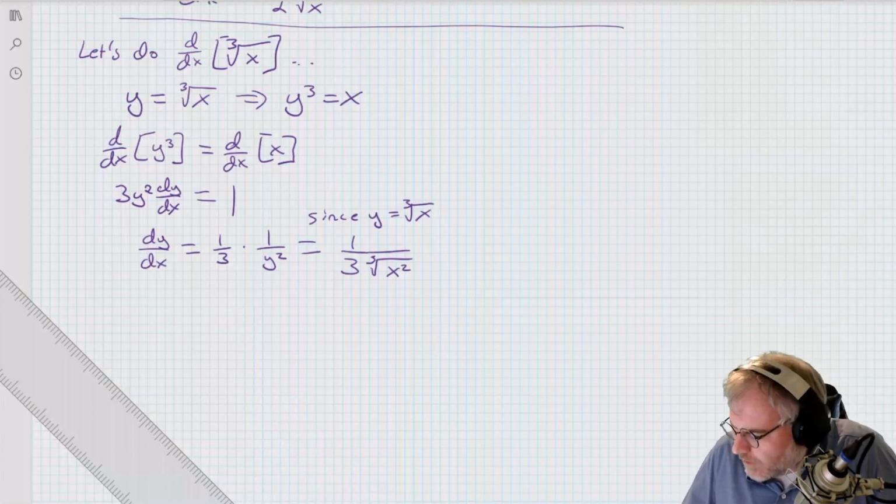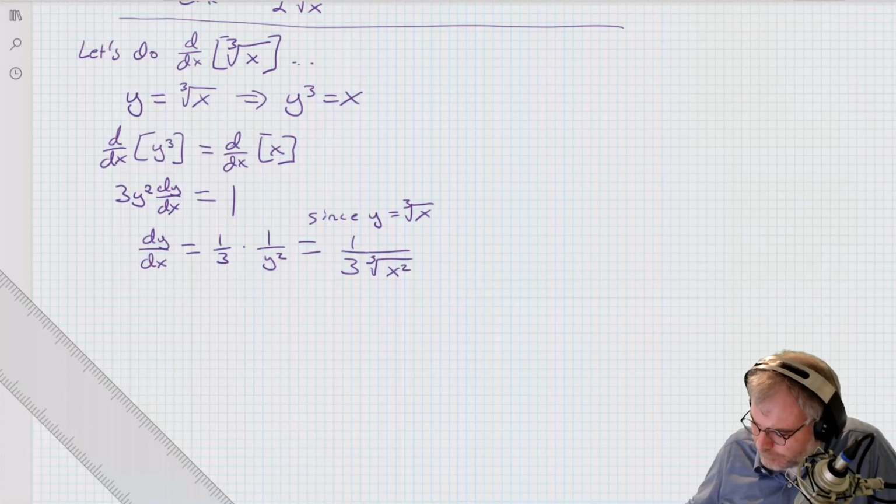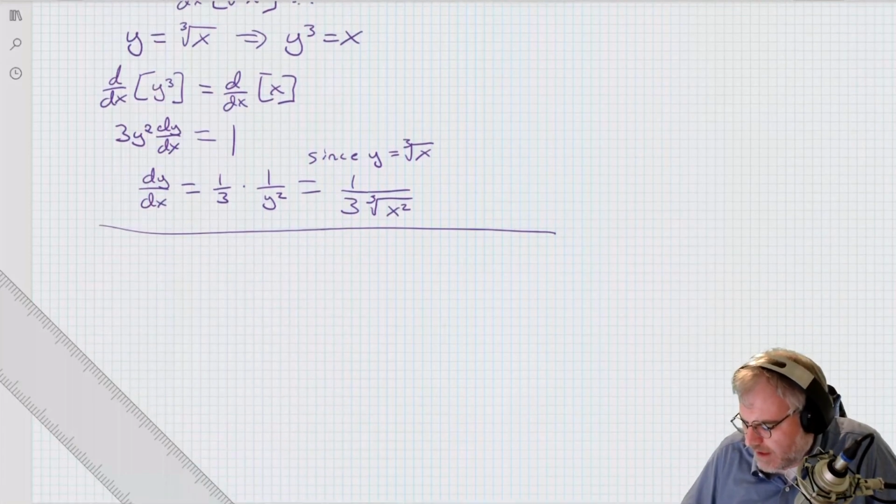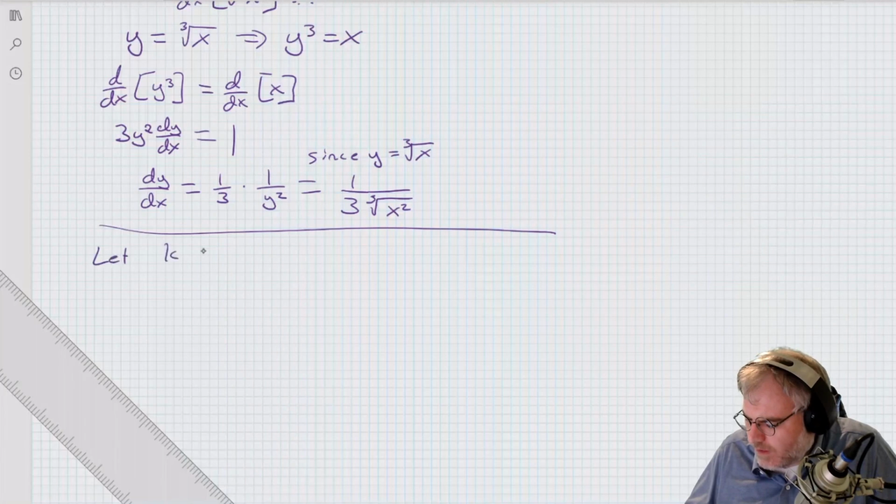Well, let's do it in general. Let's do it for any positive integer k. We can actually do it for negative integers k. So let k be a positive integer. Okay.